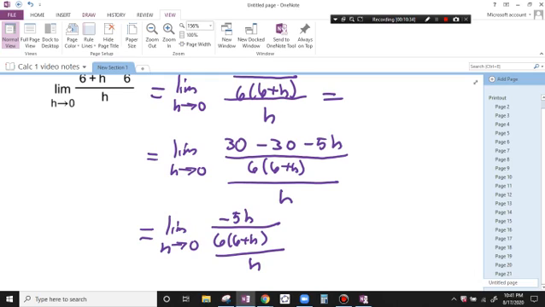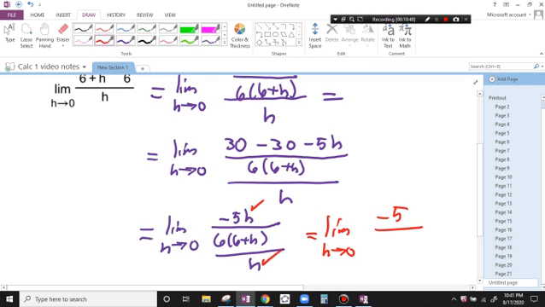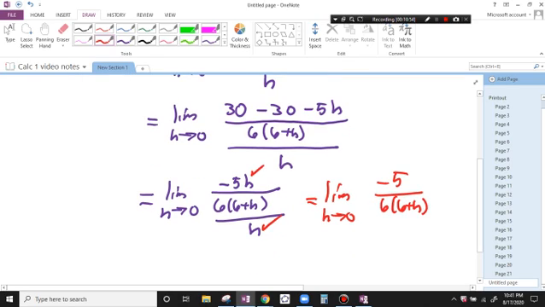This h is being divided by that h. They cancel. So this is equal to the limit as h tends to 0 of negative 5 over 6 times 6 plus h. And now we notice that our issue with plugging in 0 is now gone.